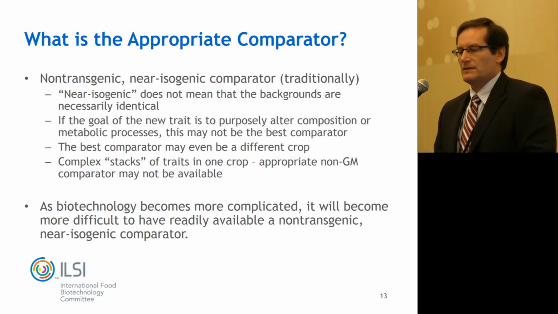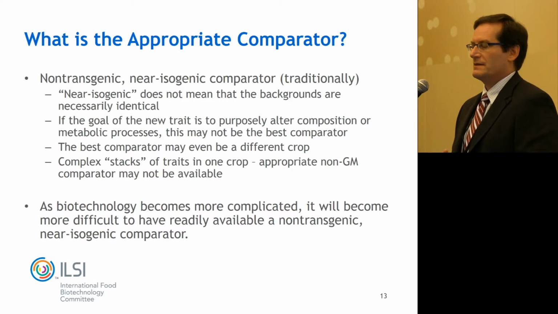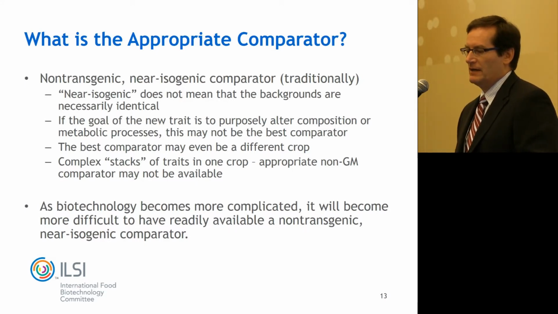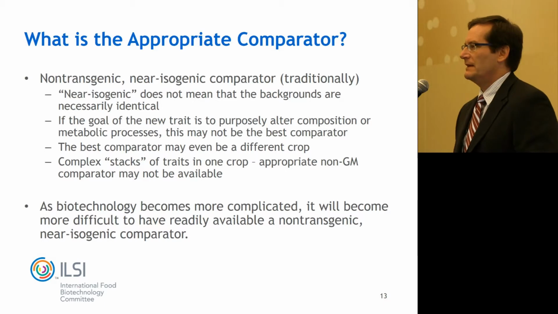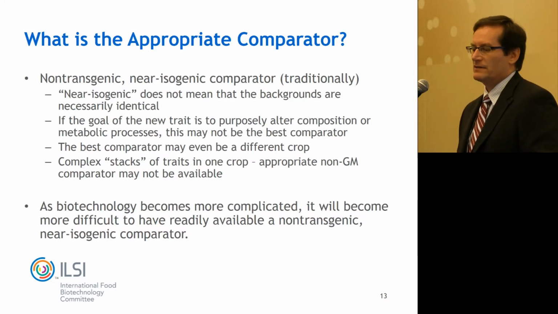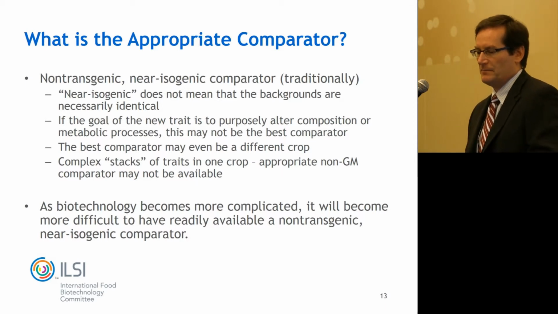So one of the questions that we tackled during the workshop was, what is the appropriate comparator to use in these studies? Traditionally, as I mentioned earlier, this has been a non-transgenic, near-isogenic comparator. However, near-isogenic doesn't necessarily mean that it's identical. So right off the bat, you may have some subtle changes within the control in your experiment and the transgenic that you're making the comparisons with.